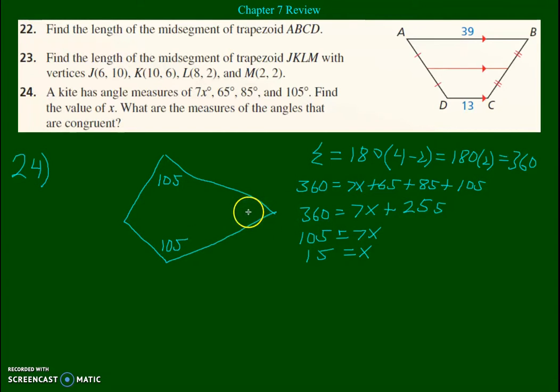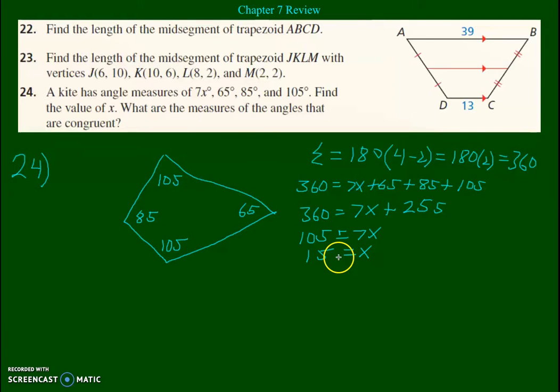And that means that this one has to be 85 and the other one is going to be 65. So there's our answers. Our congruent angles are 105 and the value of x is 15.